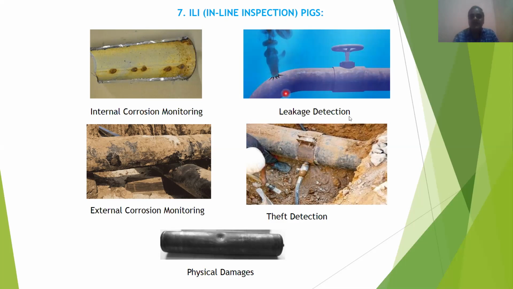Sometimes, if you see these overbends, because of the straight flow, sometimes it is a 5D bend or more than 5D. This thickness may be reduced because of the flow pressure sometimes.